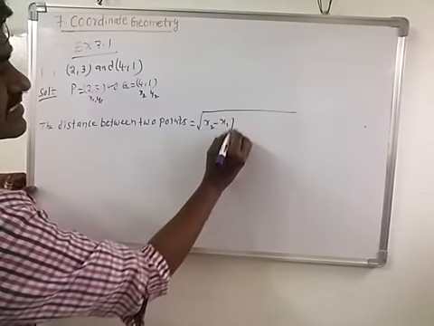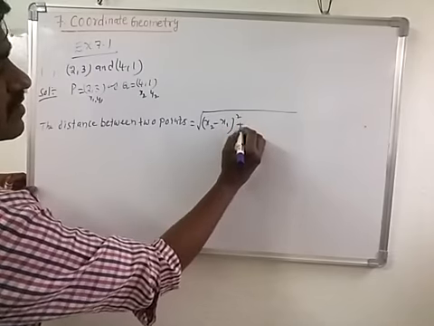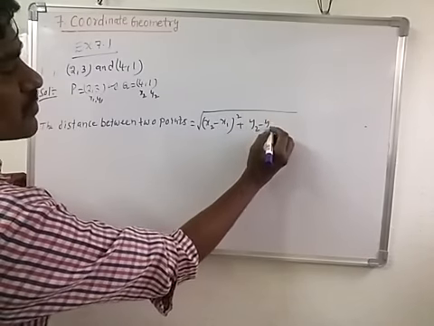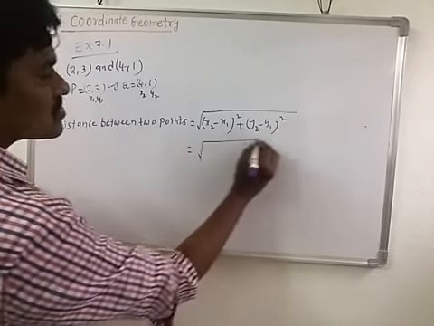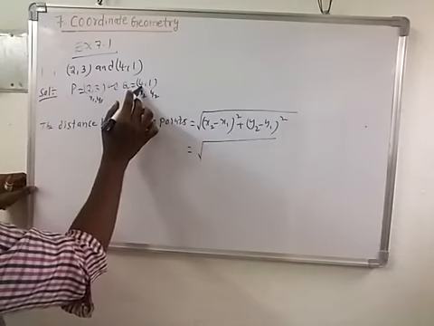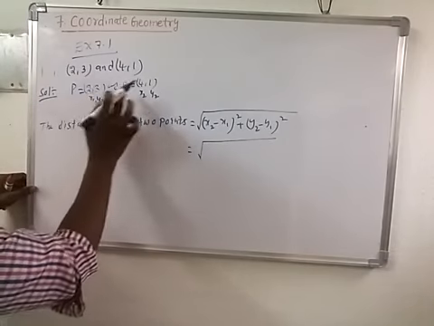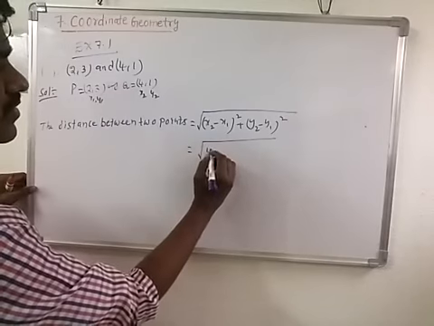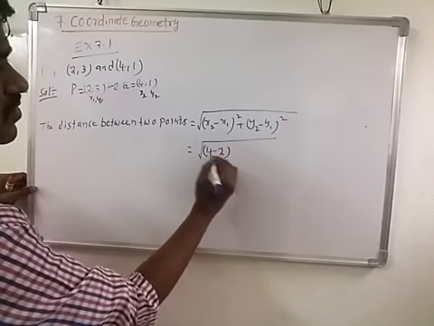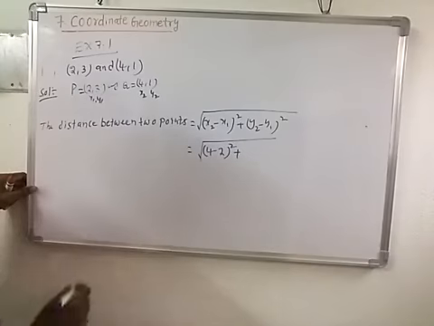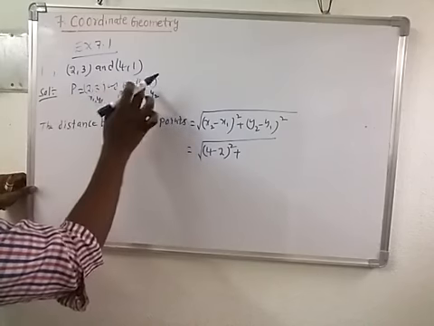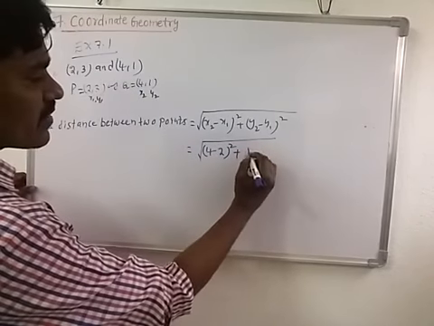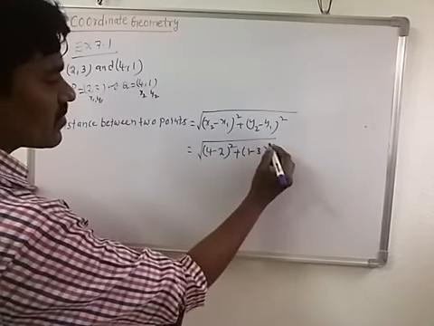x2 minus x1 whole square plus y2 minus y1 whole square. That is the square root of x2 is 4, x1 is 2, so 4 minus 2 whole square, plus y2 is 1, y1 is 3, so 1 minus 3 whole square.